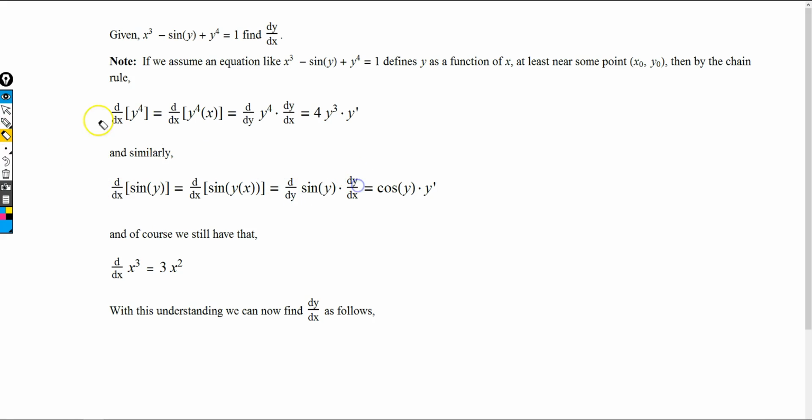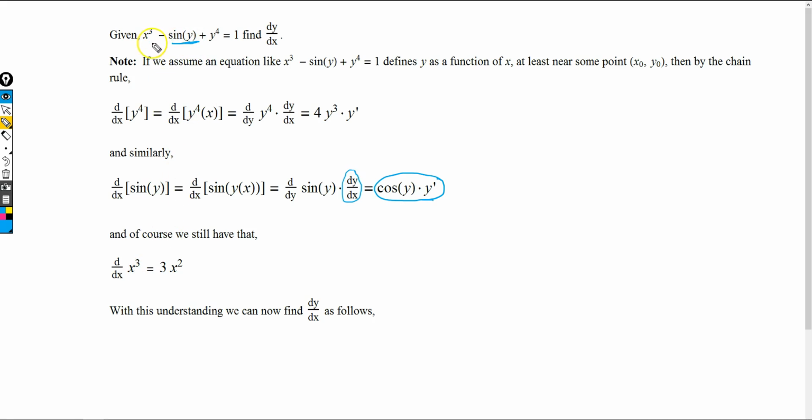Now, evaluating that, the derivative of sine y with respect to y is the cosine of y, times, and we don't know what y is as a function of x, so we just have to leave this right here. And so that is what we would write for the derivative of sine y with respect to x. So that would be the derivative of this term right here with respect to x.